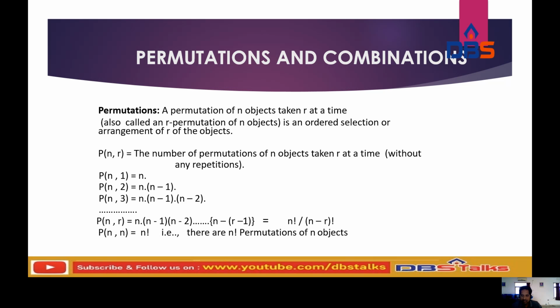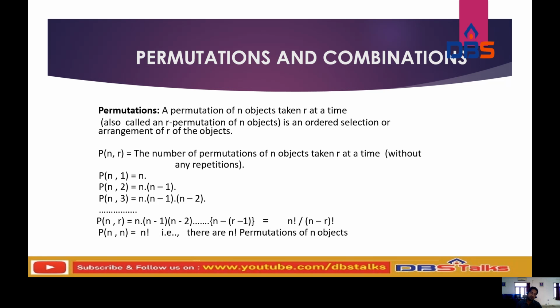See, P of n comma r, the permutation of n comma r, equals the number of permutations of n objects taken r at a time without repetition.